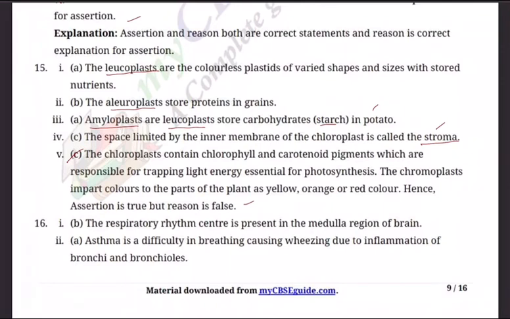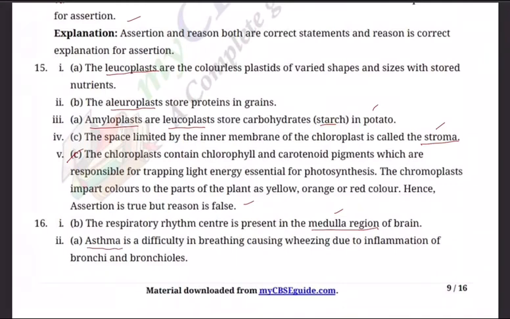The disorders of the respiratory system can lead to asthma, emphysema and occupational respiratory disorders. So down below you have question number 1. The respiratory rhythm center is present in the medulla region of the brain. Question 2.